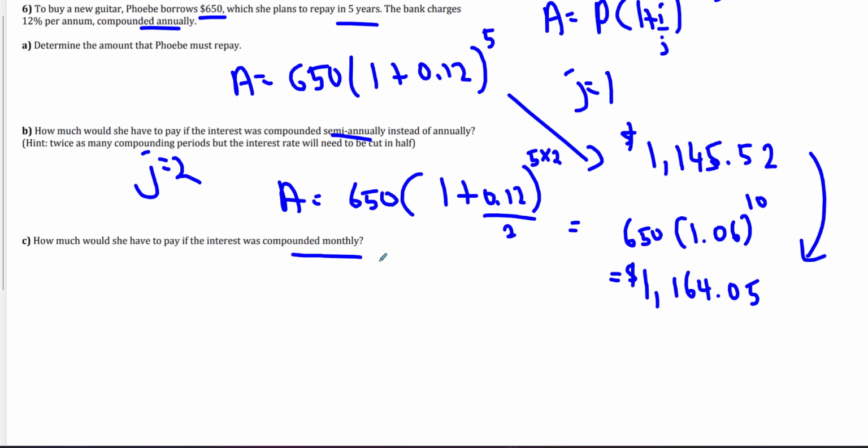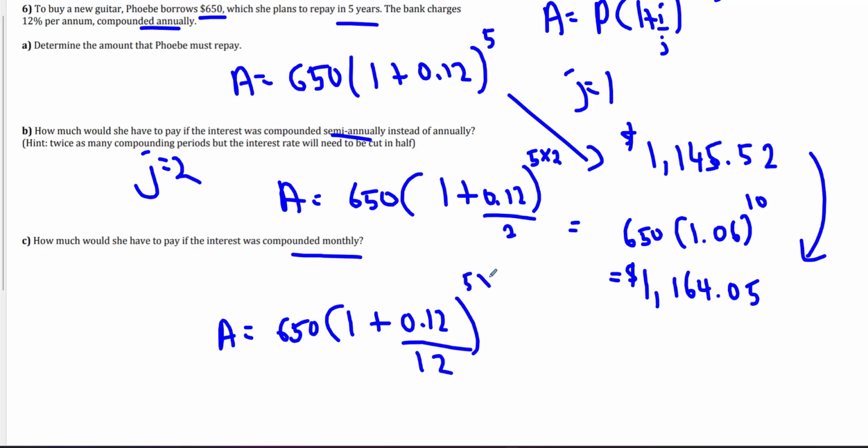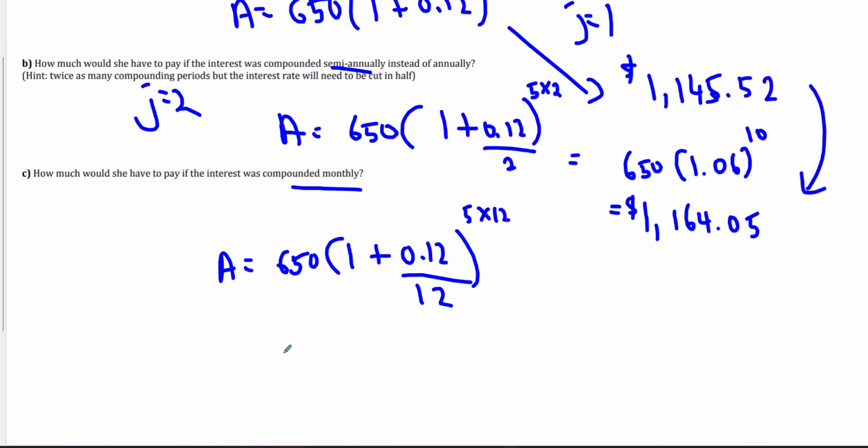And what if it's compounded monthly? Same thing, A is equal to 650 times (1 plus 0.12 divided by 12) to the power of 5 times 12. I'm just going to do the addition in one step.